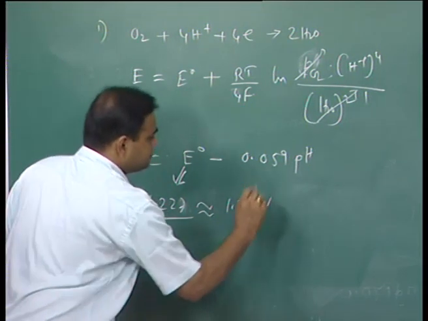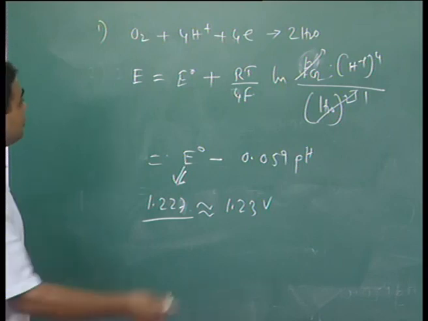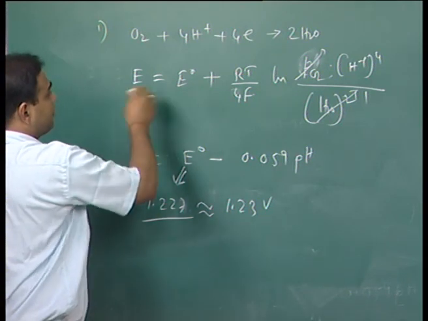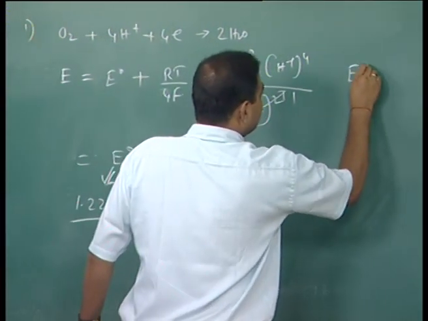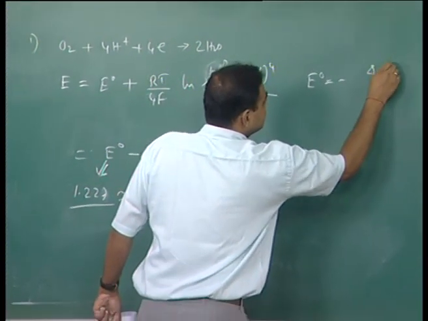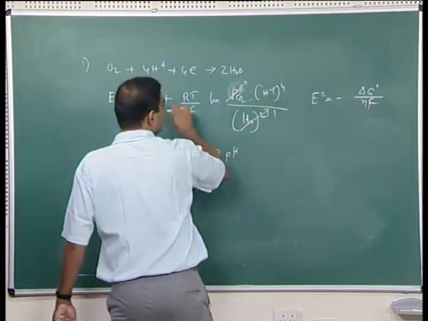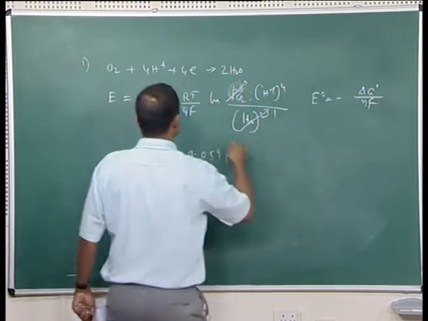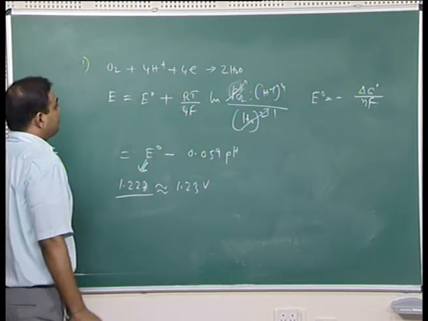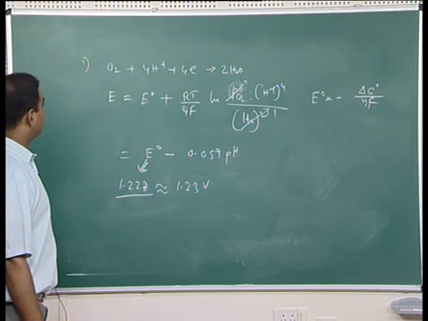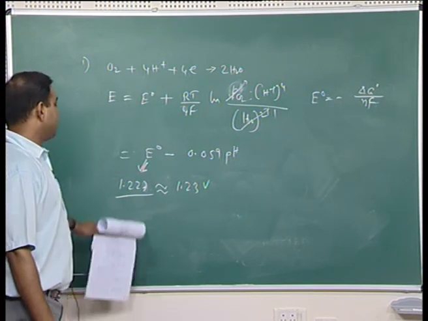You can also find this out from the relation E0 equal to minus del G0 by NF, where N is 4, and put the value of F and del G0, which you find out from mu 0 of all those species, and you would get this value.